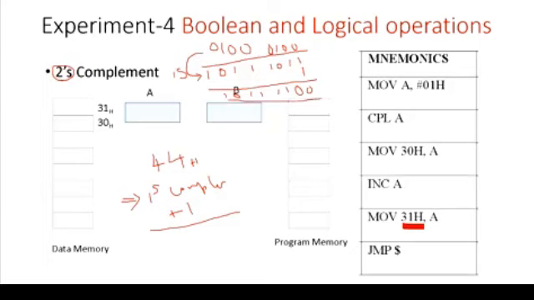We should find out. 1, 0, 1, 1 is 8 plus 2, 10, 10 plus 1, 11. So it will be B. And this 1, 1, 0, 0 is 8 and 4. 8 plus 4 is 12, right? 12 in hexadecimal is C. Okay, so BC hexadecimal is the 2's complement of the number 44H.